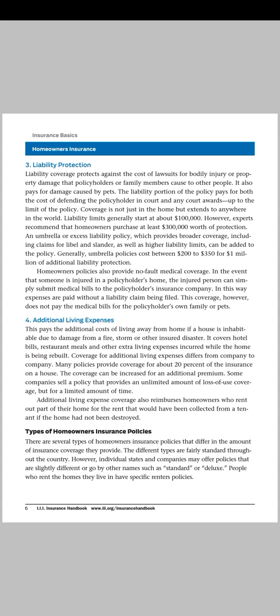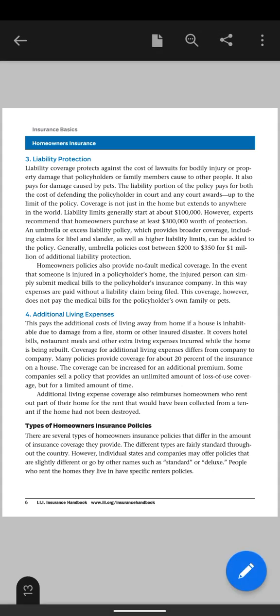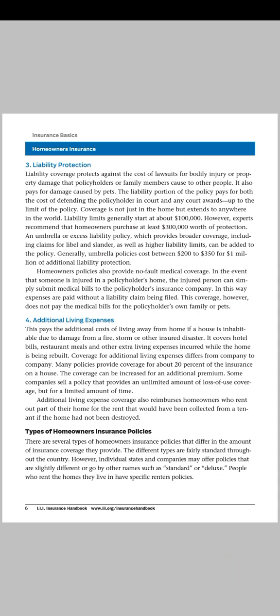Liability limits generally start at about $100,000. However, experts recommend that homeowners purchase at least $300,000 worth of protection. An umbrella or excess liability policy, which provides broader coverage, including claims for libel and slander, as well as higher liability limits, can be added to the policy.